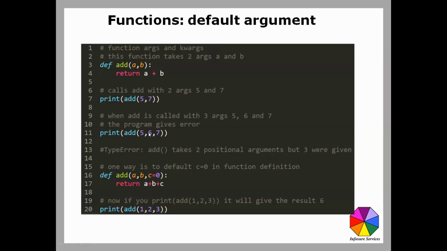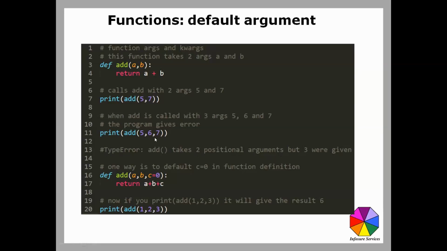Now let's say in this same program I want to pass another value. There are 3 values here, but I have written only for 2 parameters, right? So when you're passing 3 arguments, Python will give a typical error called TypeError: add takes 2 positional arguments but 3 were passed.